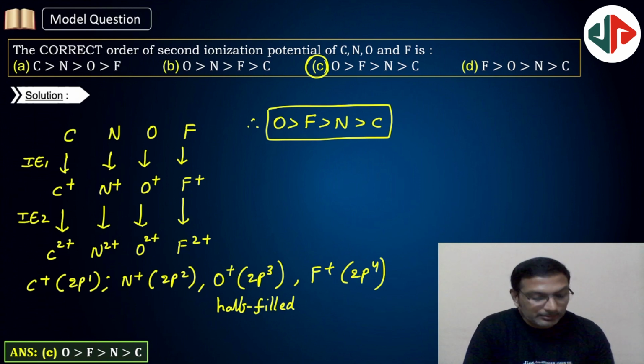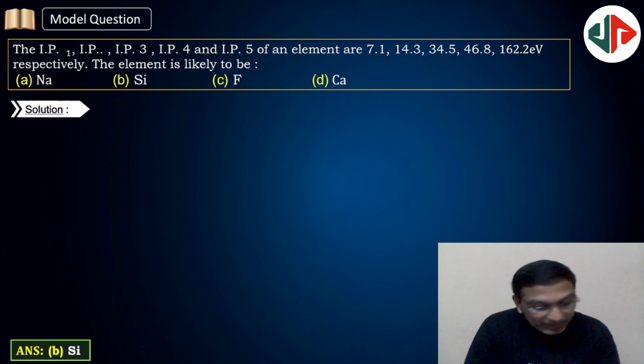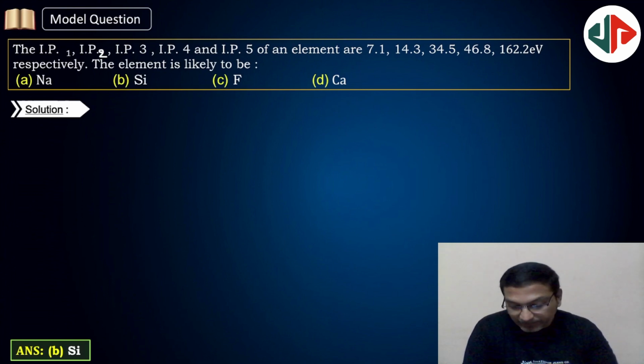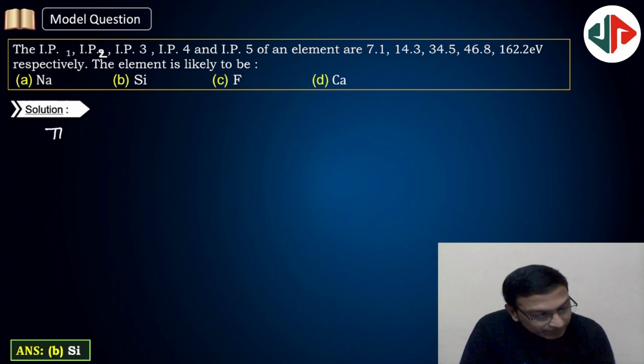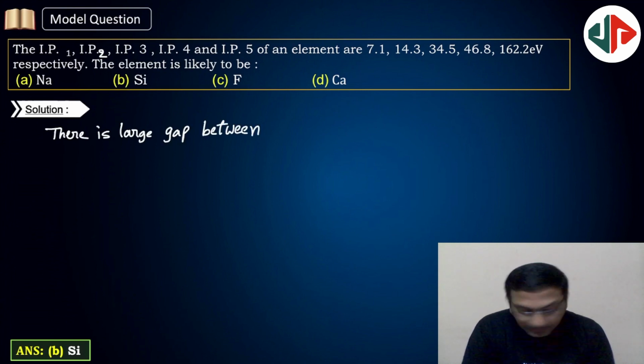Next one. IP1, IP2, IP3, IP4, IP5 values of an element are given: 7.1, 14.3, 34.5, 46.8, 162.2. The element is likely to be? So how to calculate? Here there is a large gap between IP4 and IP5.